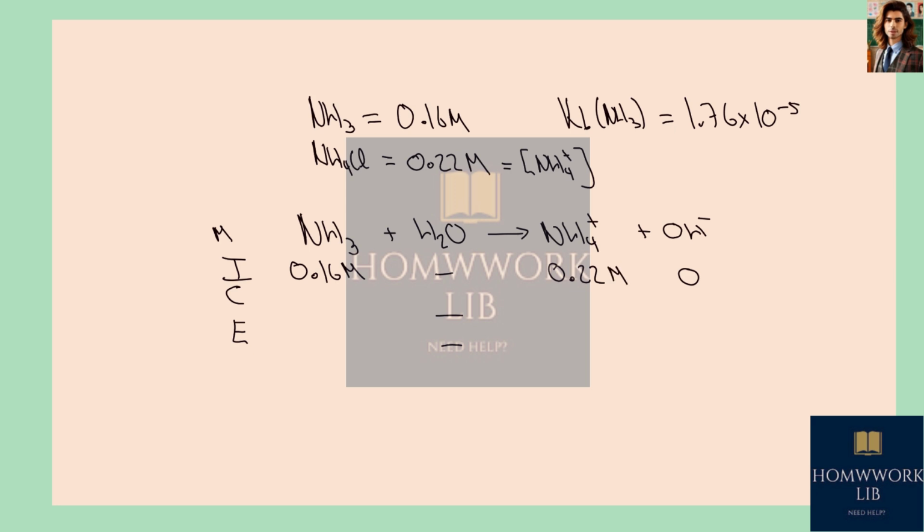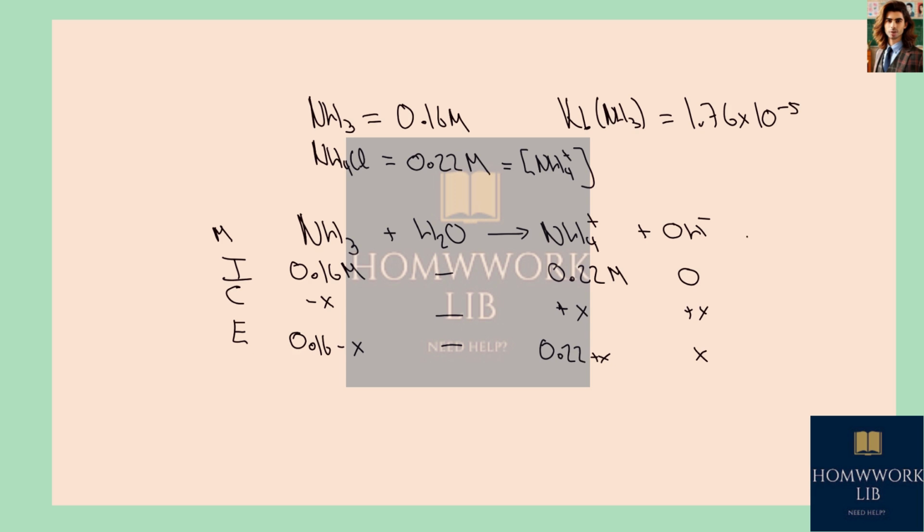The amount of change, the amount that is going to react in order to produce NH4 plus, is going to be X. So at equilibrium, we're going to find 0.16 minus X, 0.22 plus X, and X.